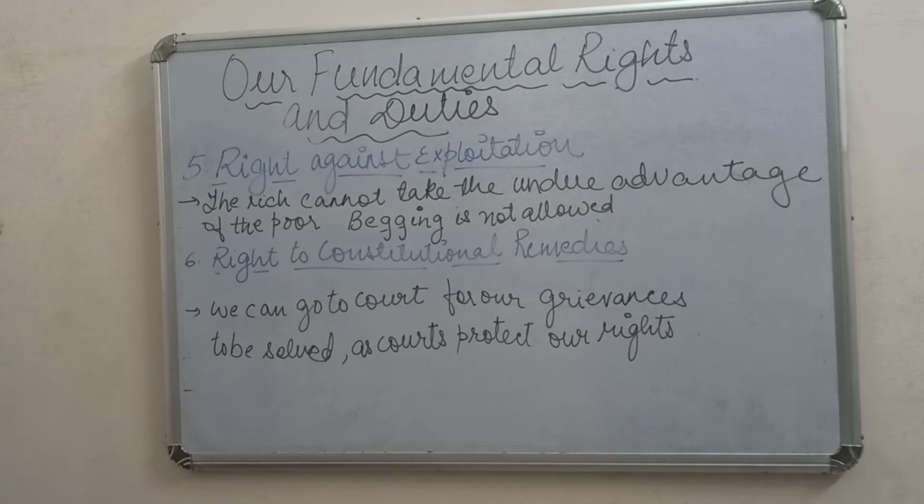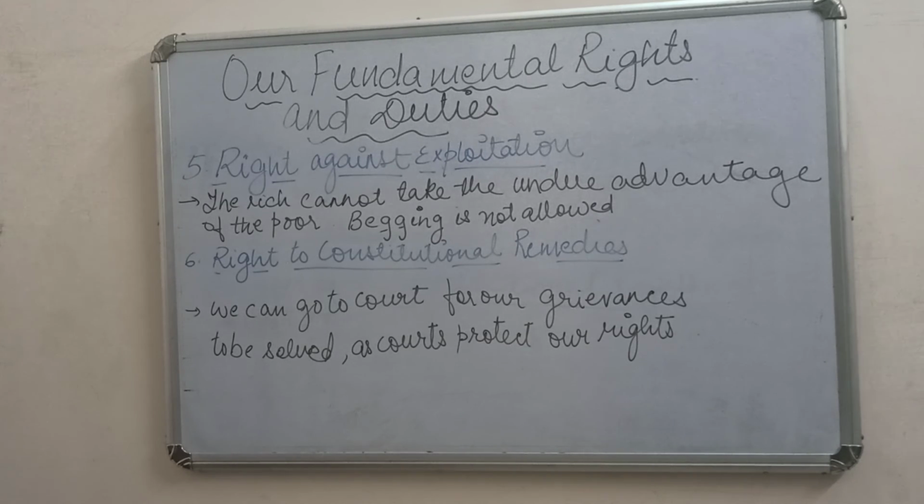The word exploitation means, many times children, you people have seen that small children, even at homes, of your maid, they come to your place and do the work. It is very bad as per the constitution, because as previously we have learned at number 4, cultural and educational rights, up to the age of 14 years the children have a right to get the education.